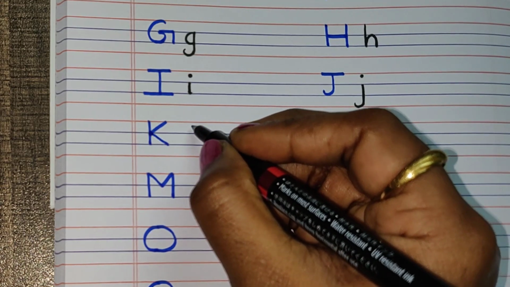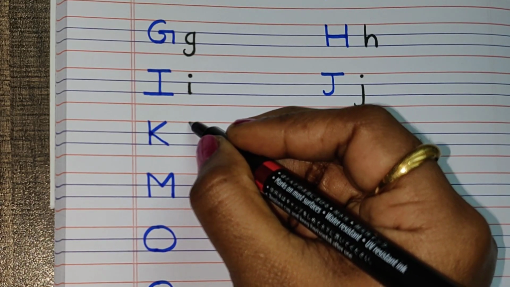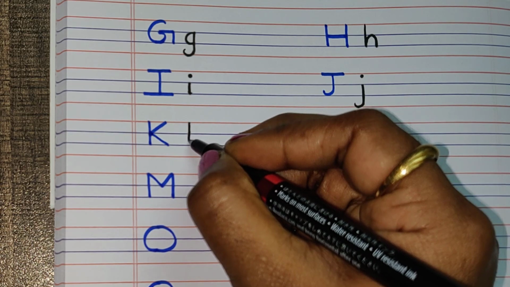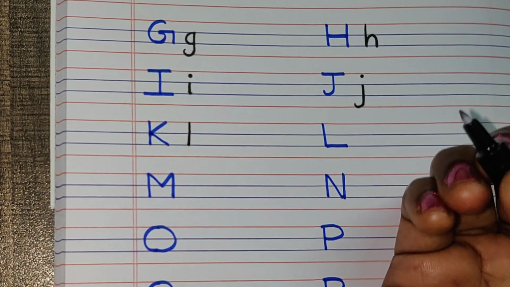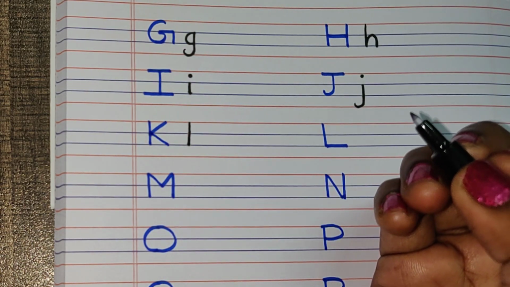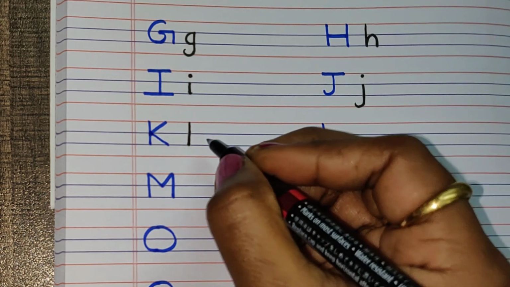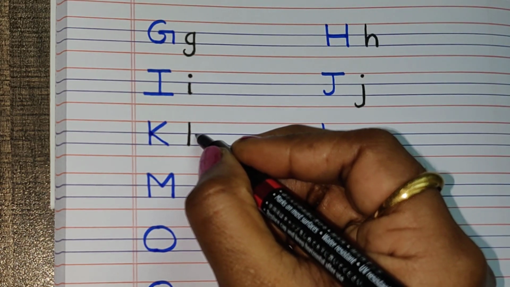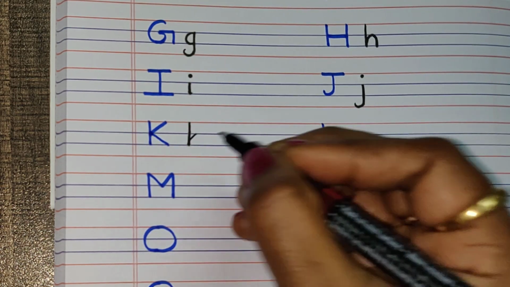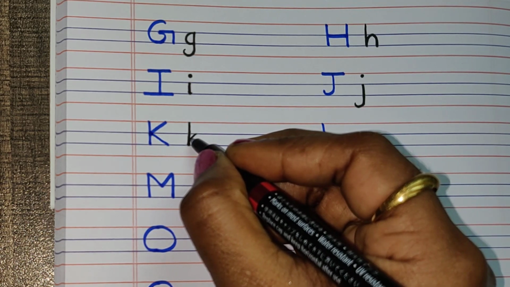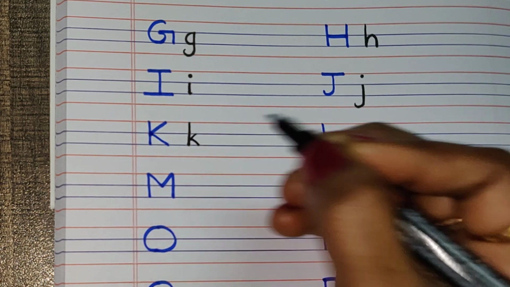Next is K, a standing line with two slanting lines, the same way as in the capital letter alphabet, but the slanting lines should be within the second and third line. That's it, the small letter K, very easy.